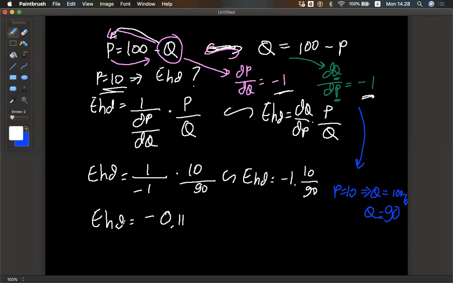But like I said before, because this is a demand, you can calculate it with the minus or make Ed absolute. It becomes 0.11.